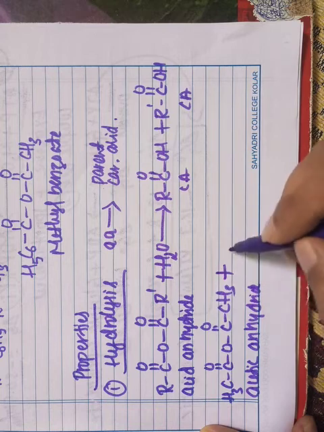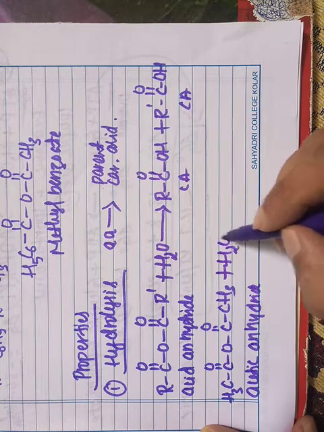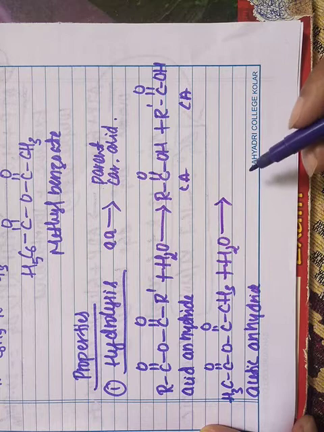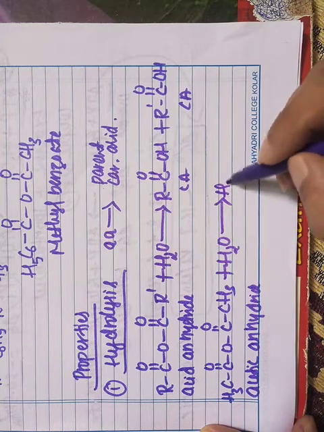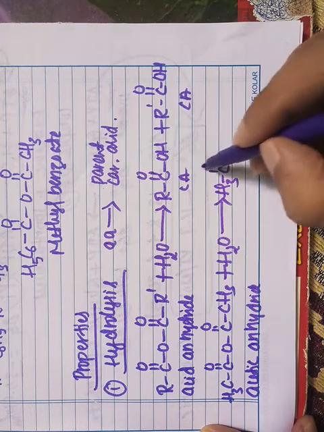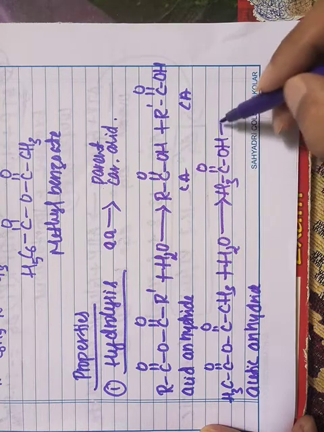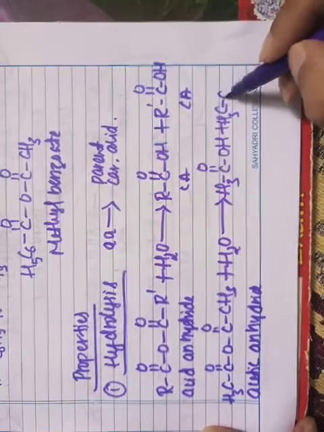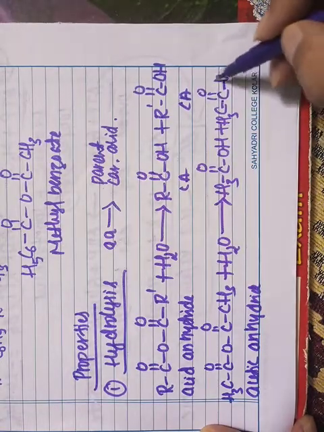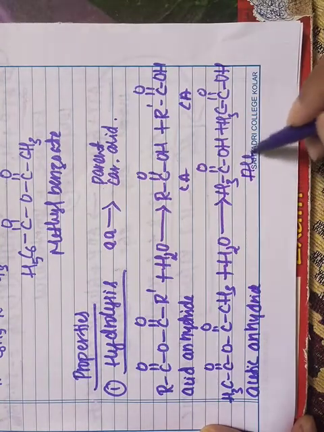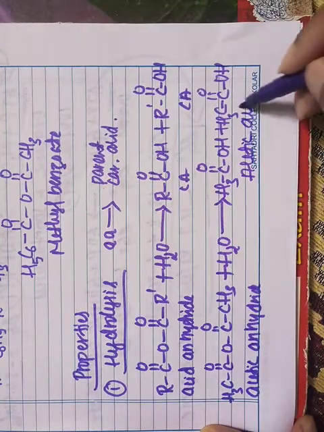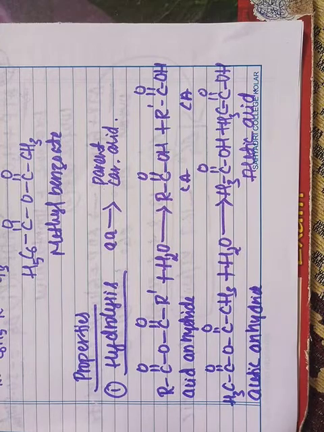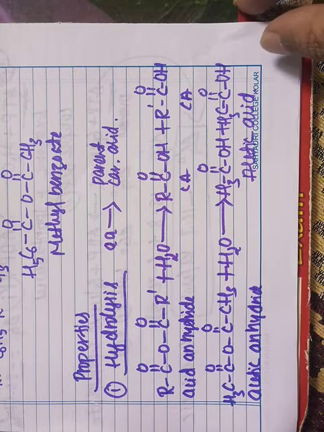When acetic anhydride undergoes hydrolysis, it will form two molecules of carboxylic acid, that is acetic acid. Two molecules of acetic acid are formed. Okay, so next let us discuss other properties of the acid anhydrides.